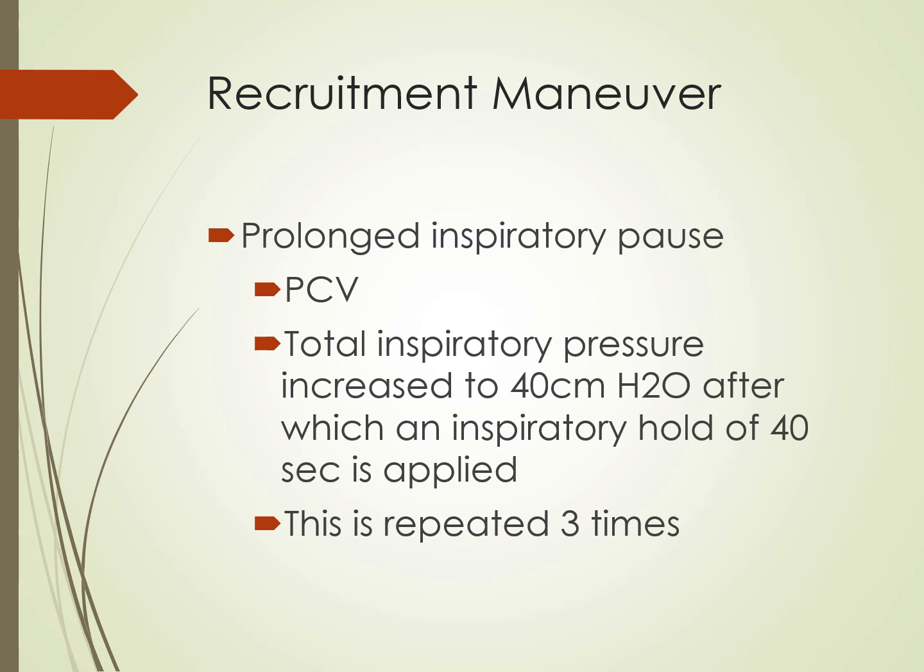And then, most importantly, when you put the patient back on normal ventilation, you have to use increased levels of PEEP, typically in the range of 15 to 20, and this way the patient won't de-recruit. But this is another great maneuver to do too.